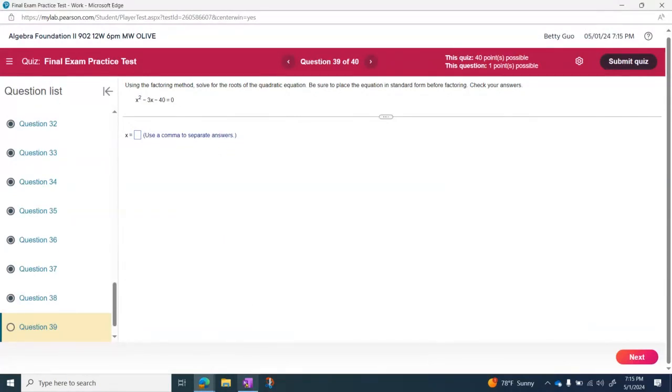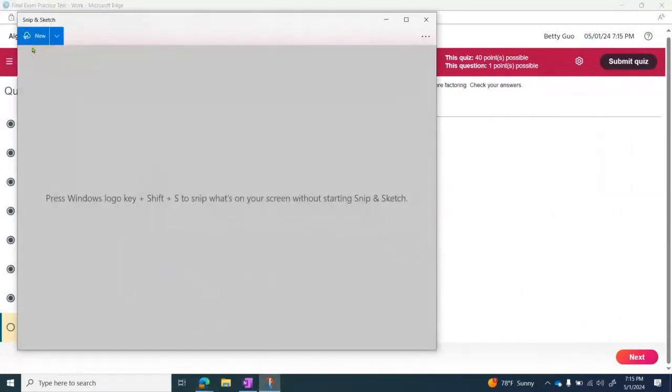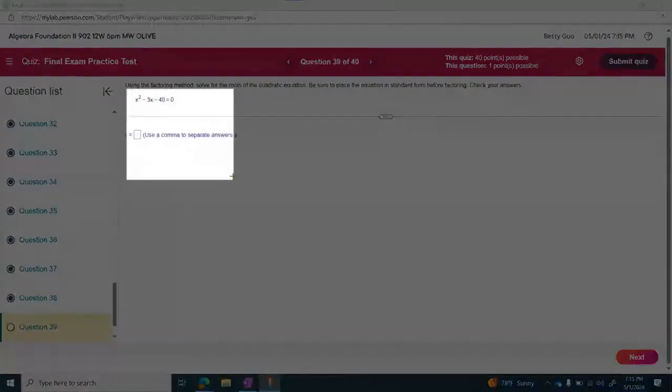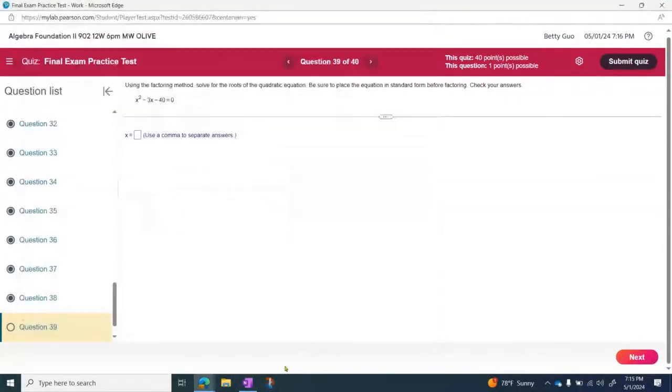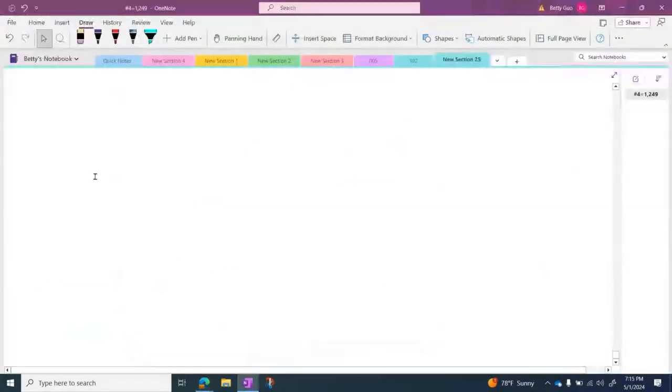solving equation. Okay. Shortcut, because the left side of the equation is a quadratic trinomial with a leading coefficient 1.